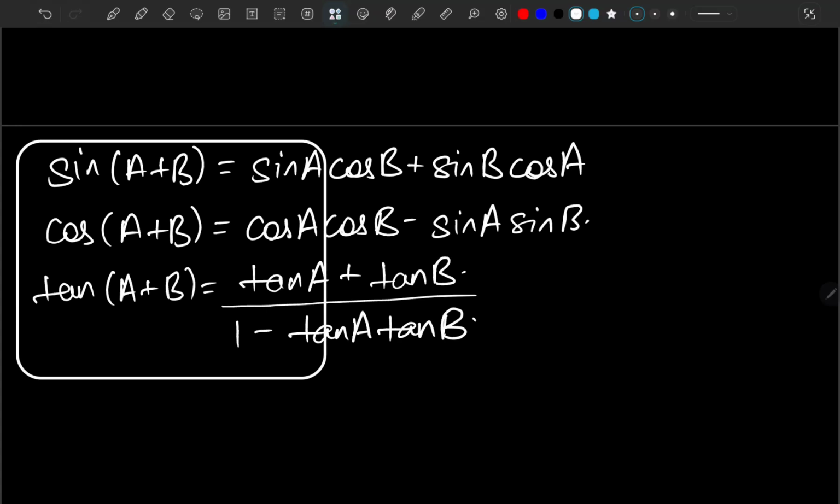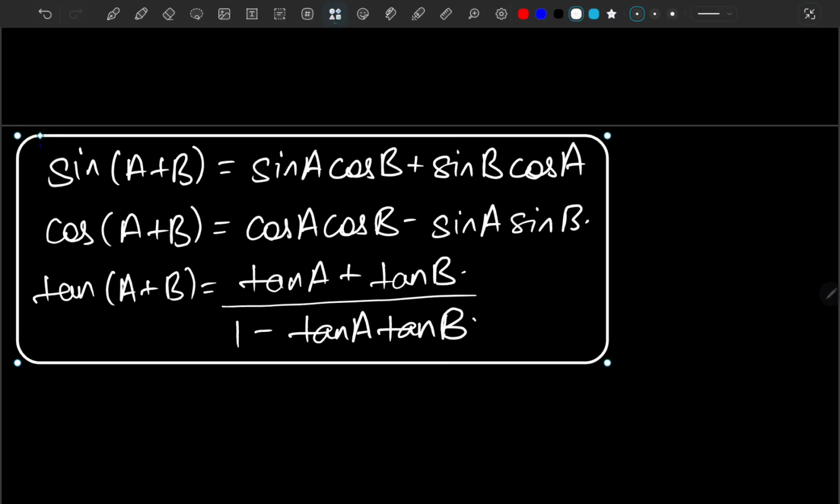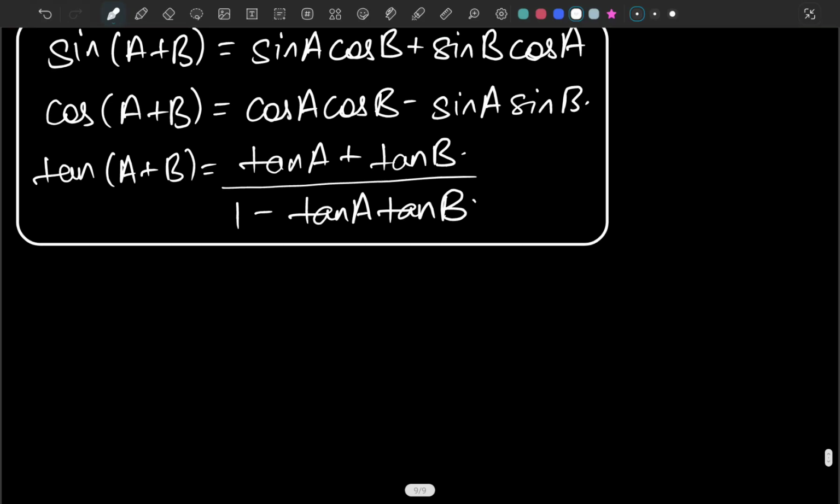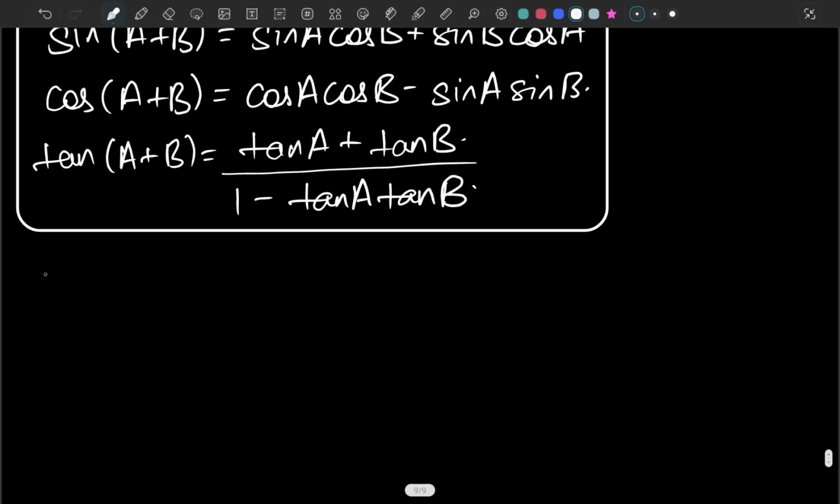Okay, so yeah, now let's talk about the double angles of these three things and the triple angles of these things as well, and they are very useful, right? So for sine of a plus b, let's say a equals b equals theta in all these three cases.